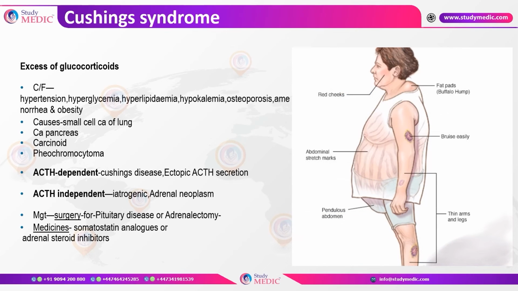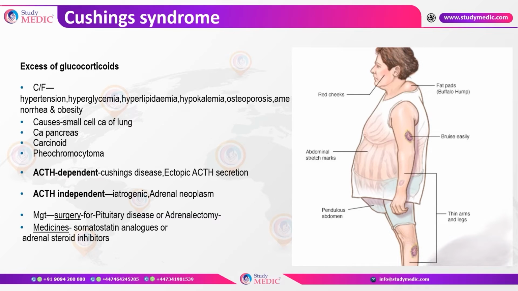The next important syndrome that you have to remember is Cushing's. This is opposite to Addison's. Here you have too much of adrenal hormones, so there are more mineralocorticoids and more glucocorticoids. Excess glucocorticoids will cause hyperglycemia or lead to diabetes.